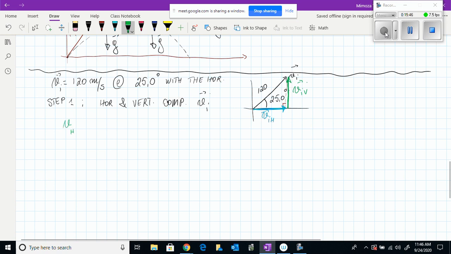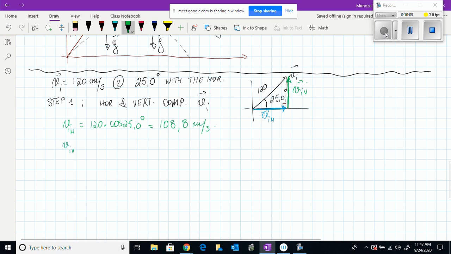So the horizontal component of the initial velocity will be 120 times cosine 25 degrees. In your calculator, that will be 108.8 meters per second.